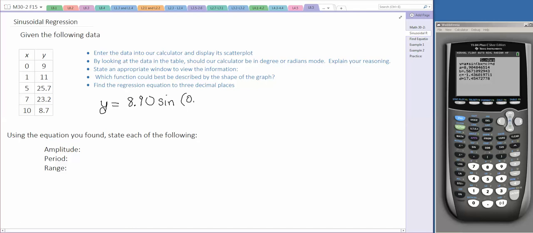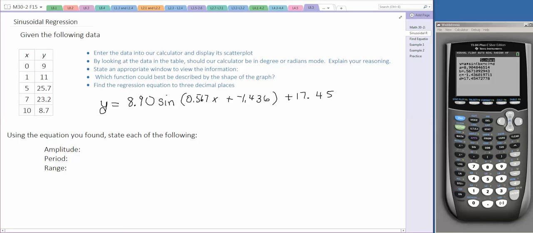We have 0.567 times x plus negative 1.436, using 3 decimal places here, close the bracket, plus 17.45. And we'll leave it like that.